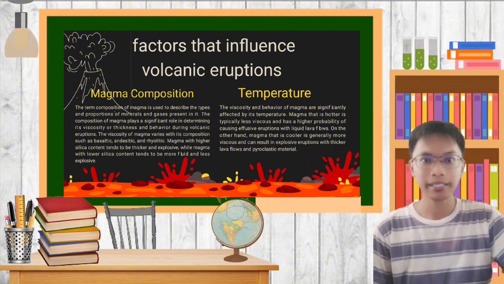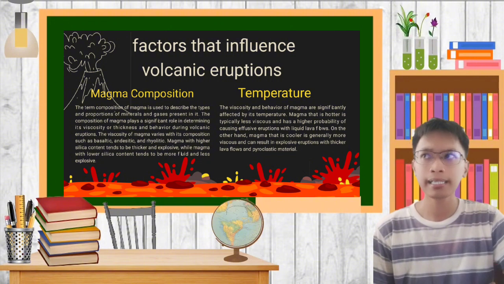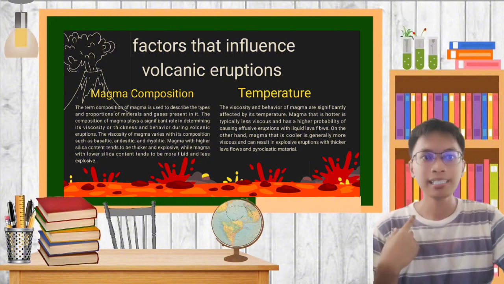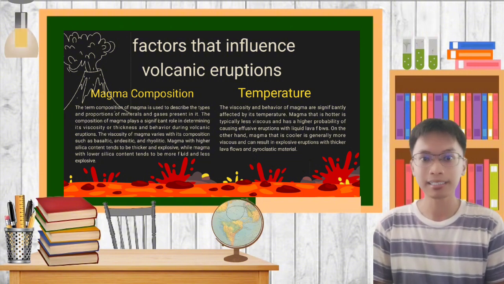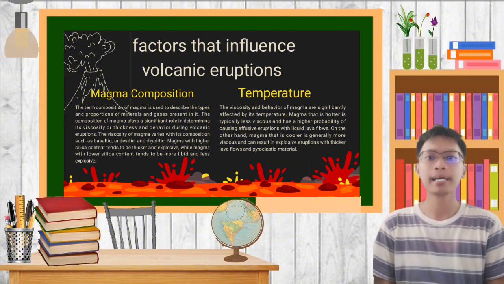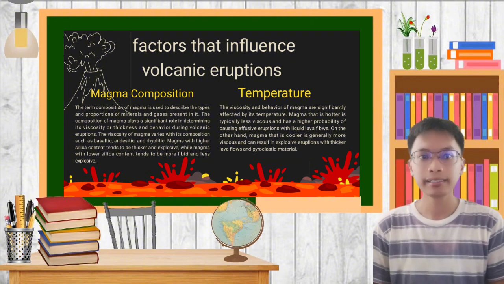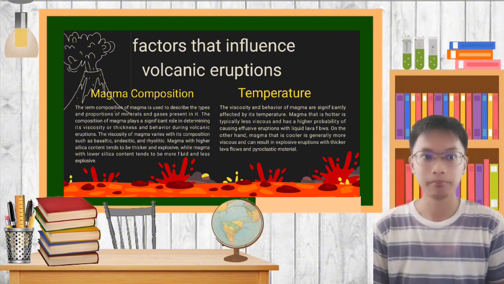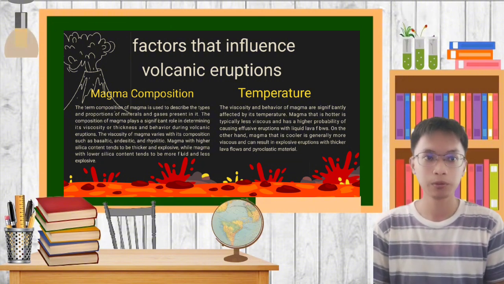The chemical makeup of magma plays a big role. I think I mentioned it earlier, but let's explore it further. The runny, silica-poor magma like basalt erupts less violently, forming a lava flow, while the thicker, silica-rich magma like rhyolite can be highly explosive, forming ash clouds and pyroclastic flows.